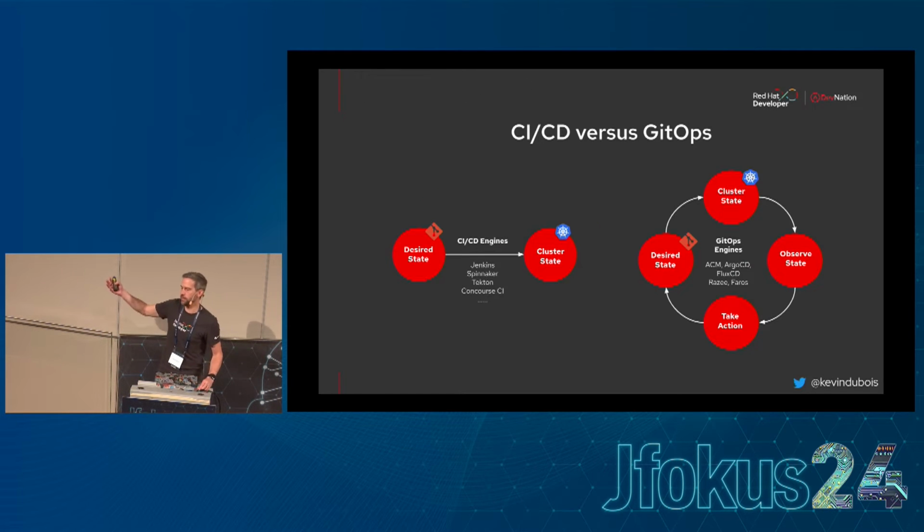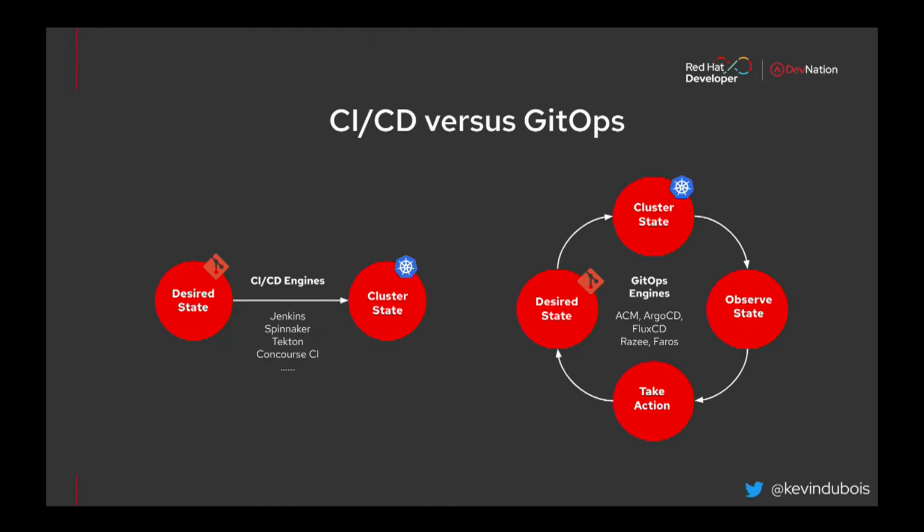So the difference between CI/CD that we see with Tekton and GitOps is basically that with CI/CD you have a one-way street, right? So you go through your pipeline, you go through your steps, and at some point your pipeline is done. GitOps, on the other hand, monitors constantly between your desired state and your actual state, and then mitigates that to make sure that it always matches.